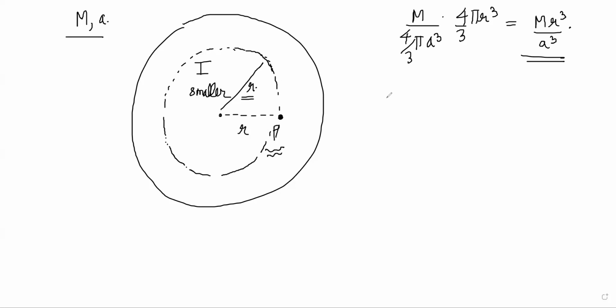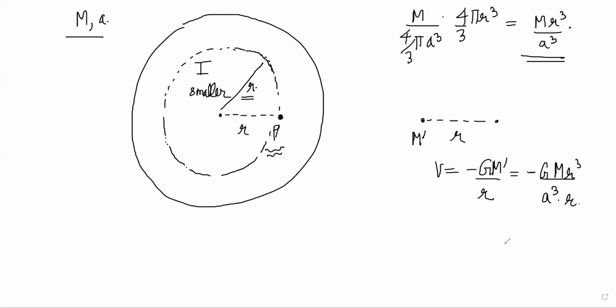And we just now saw that if the point is outside a solid sphere, it's as if the whole solid sphere was concentrated at the center. And this point is at a distance r. Potential is minus G M' by r, and M' is M r³ by a³.